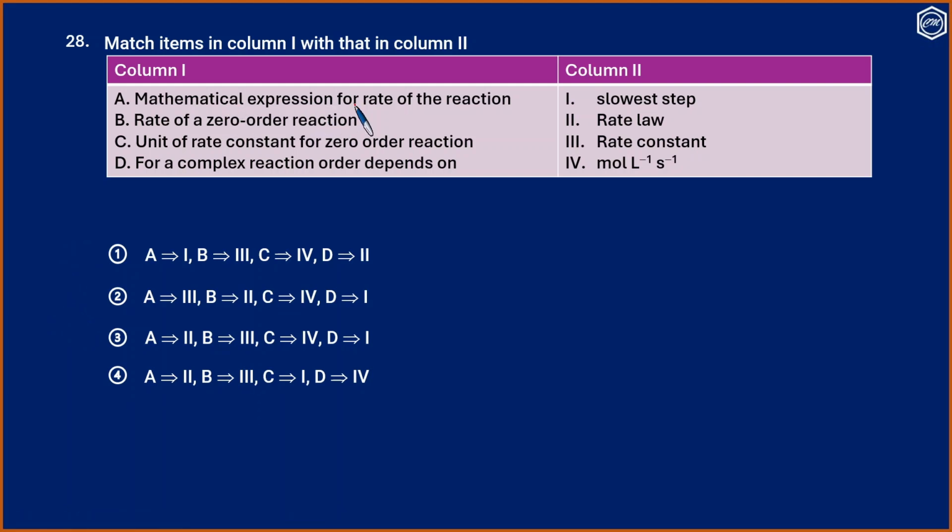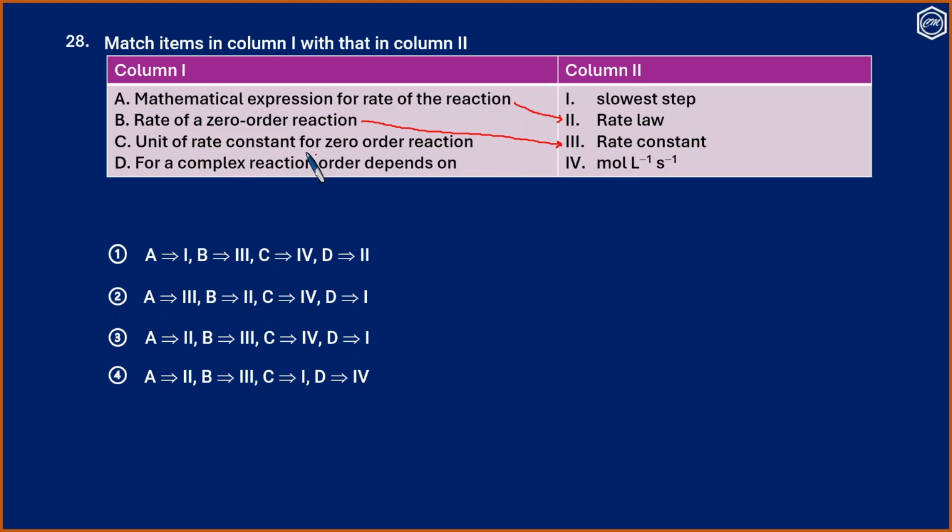Mathematical expression for rate of the reaction, that is the rate law. So A in column 1 could be connected to 2 in column 2, that is rate law. B, the rate of a zero order reaction: for a zero order reaction, the rate is same as the rate constant. So B to 3.